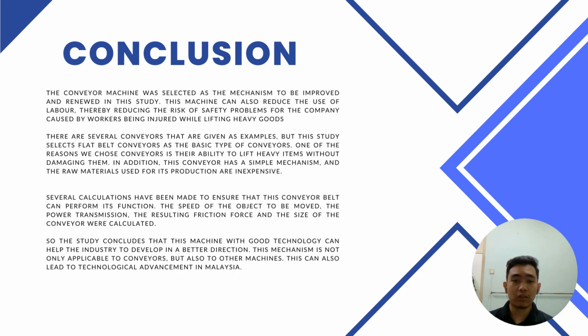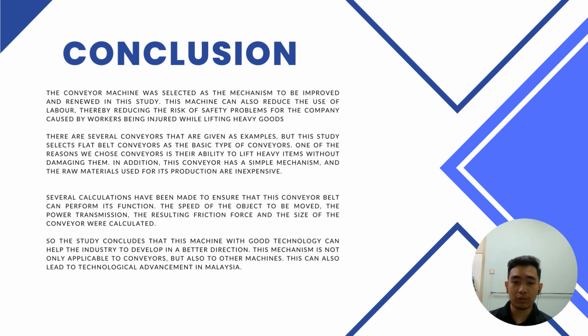In addition, this conveyor has a simple mechanism and the raw materials used for its production are inexpensive. Several calculations have been made to ensure that this conveyor belt can perform its function. The speed of the object to move, the power transmission, the resulting friction force, and the size of the conveyor were calculated.